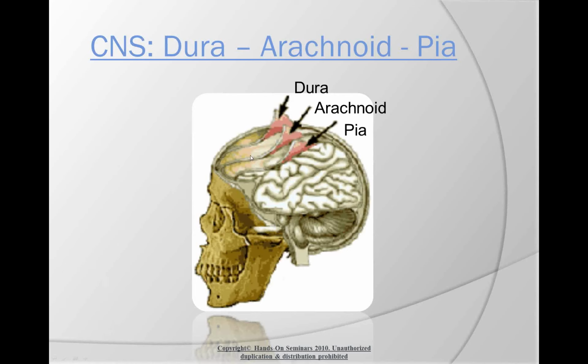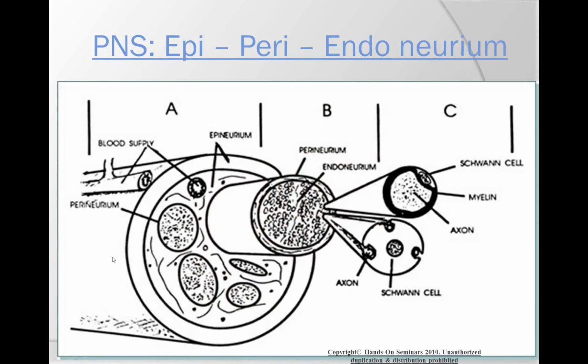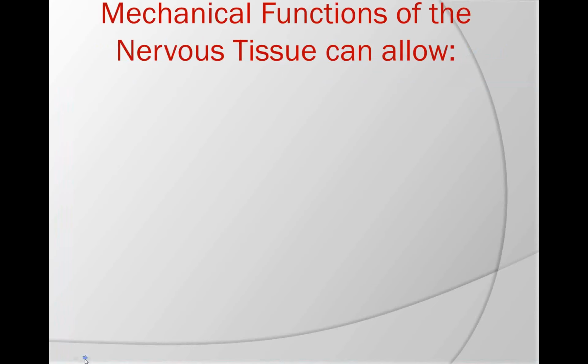You can see here the dura, the arachnoid, and the pia, which are the membranes that are protecting the brain, part of the central nervous system. And in the peripheral nervous system, it will be the epineurium, the perineurium, and the endoneurium that will provide protection to the neural tissue. Now here, this is very important. This is what you need to understand.